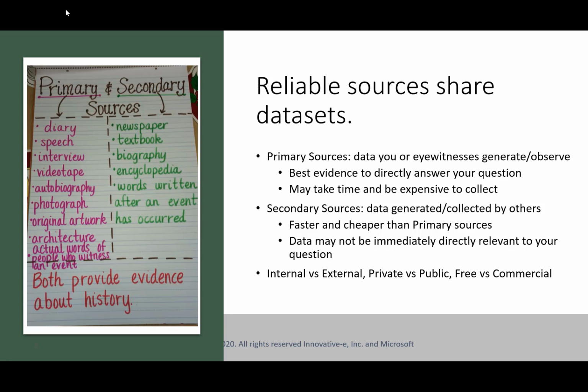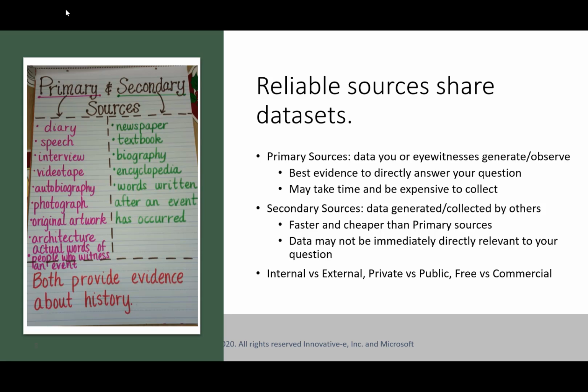Reliable sources provide data sets of consistently valid results we can return to again and again with faith that the numbers we find there can be faithfully reproduced by others. Primary sources are data that you or eyewitnesses generate or observe directly, and they usually provide the best evidence to directly answer your question if it is, again, a source that you yourself have generated to answer the question.